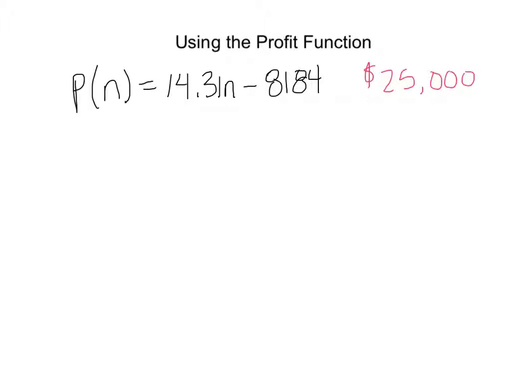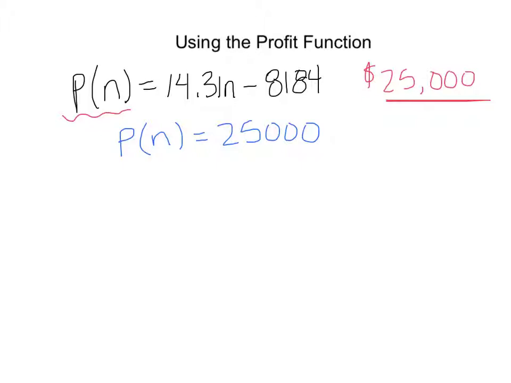So now in this case, this is our profit, 25,000. And in our profit function, P of n represents our profit. So basically we're going to find out what value of n would make P of n equal 25,000. Which means we're not replacing n this time. That's what we're trying to find, how many jeans.